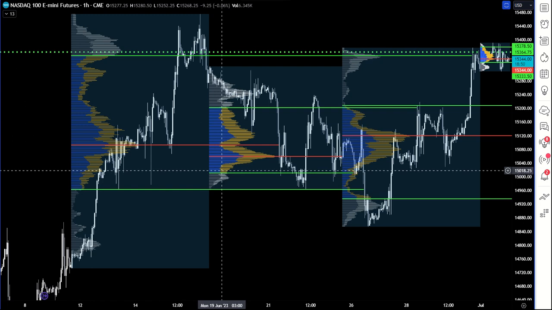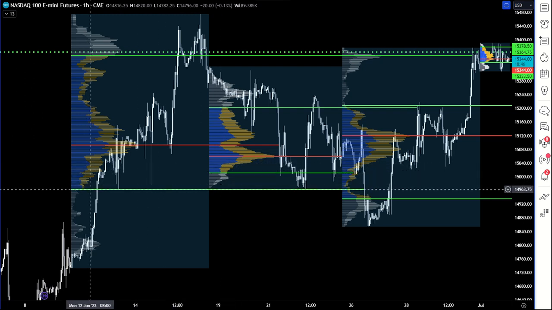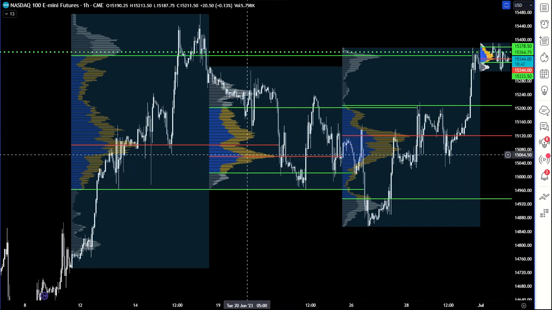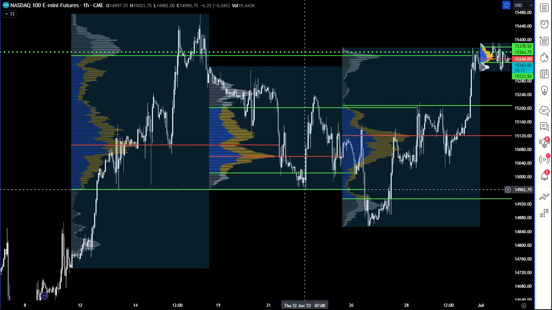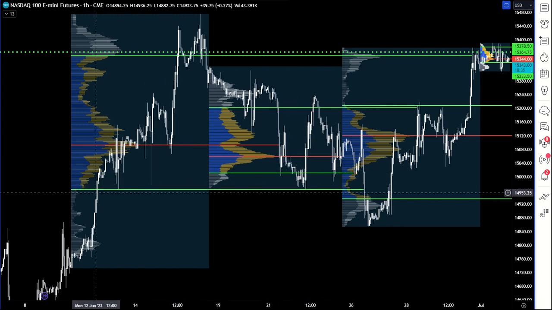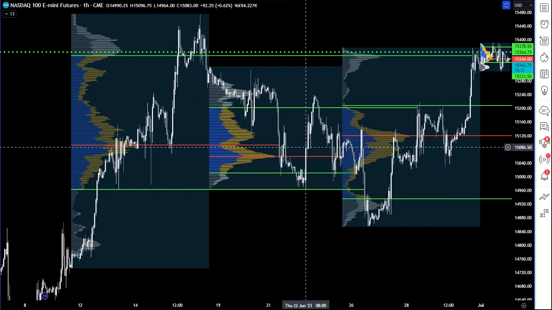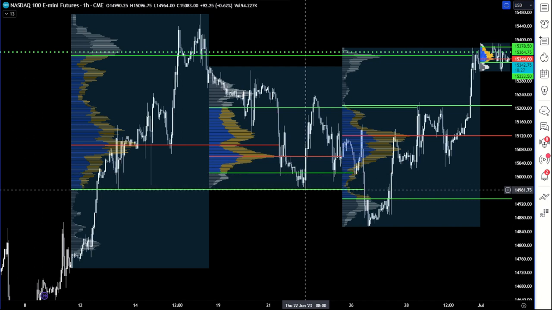So here was the value area low for this week, but this was the value area low for this week. So price on week 3 of June had a look below its value area, got rejected right at the value area low of the previous week, and we bounced right back into value. So that's a good point of entry.